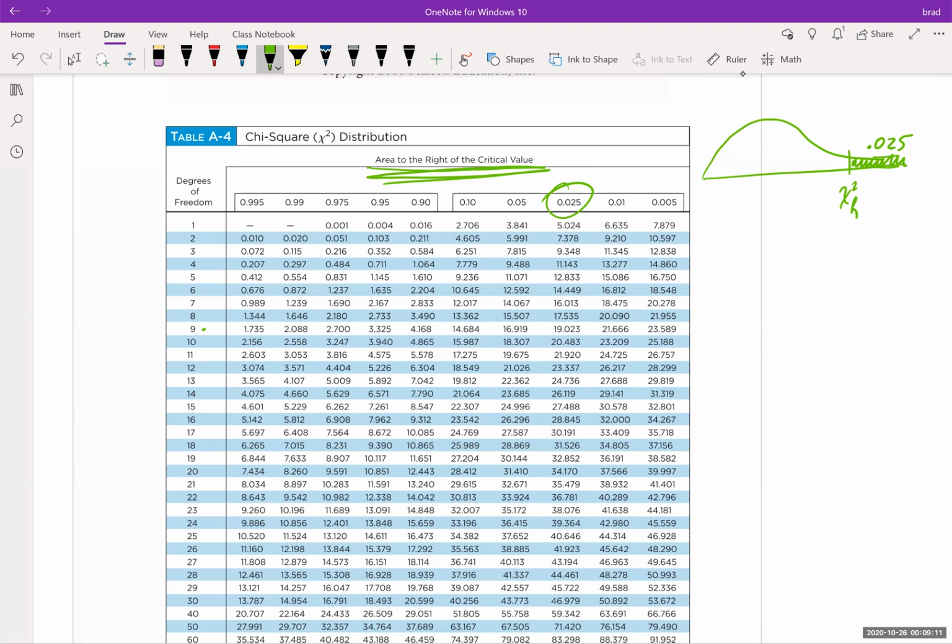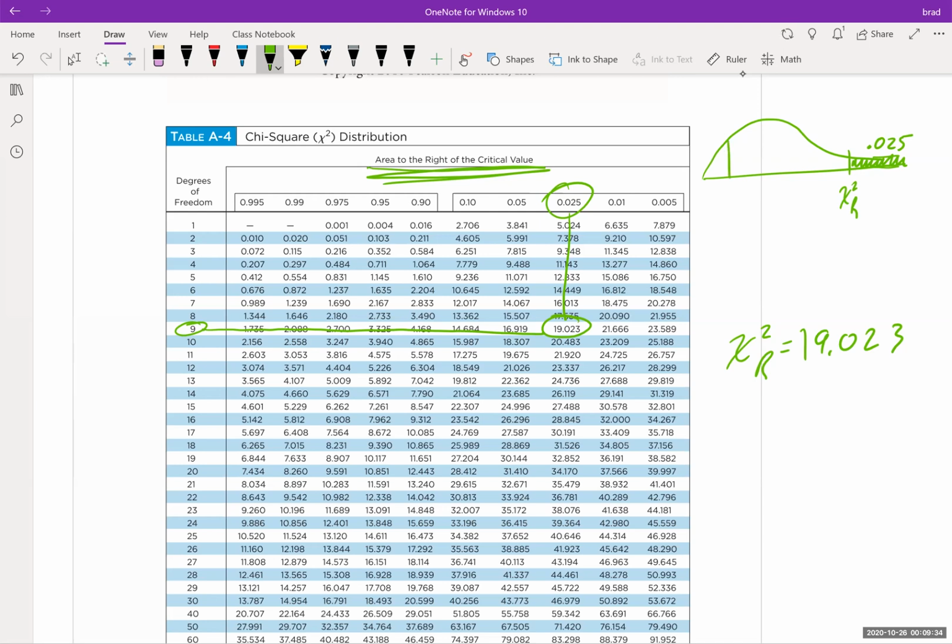Well, I believe there were 10 scores: 1, 2, 3, 4, 5, 6, 7, 8, 9, 10. There were 10 scores. So I have a degree of freedom of 9, right? Because it's n minus 1. So I'm just going to go over to here and over to here. So I get chi-squared right is worth 19.023. So I'm going to use 3 decimal places.